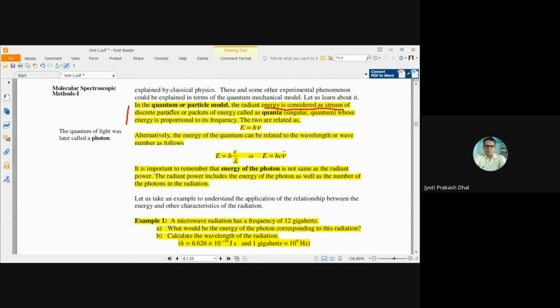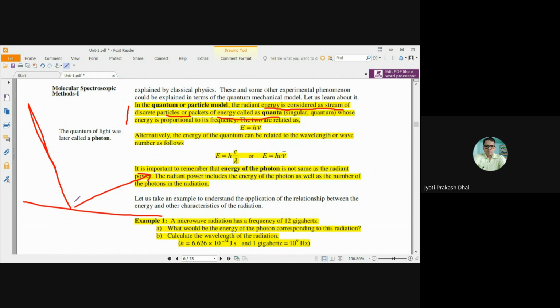Now, in the quantum or particle model, the radiant energy is considered as a stream of discrete particles or packets of energy called quanta. According to classical mechanics, suppose this is the metal surface and light falls on it, the radiant energy will be continuous.